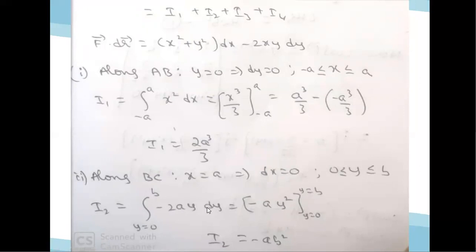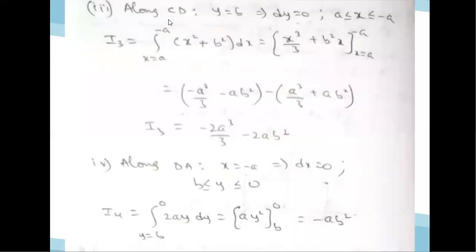Now integrate with respect to y, so that you get minus 2a square divided by 2. The 2 will get cancelled. At the end, you will be left with minus a into y square, between the limits 0 to b. Now apply the limits, upper limit minus lower limit. Since the lower limit is 0, you can ignore it. Directly you can write the answer as minus ab square, because y is replaced by b.